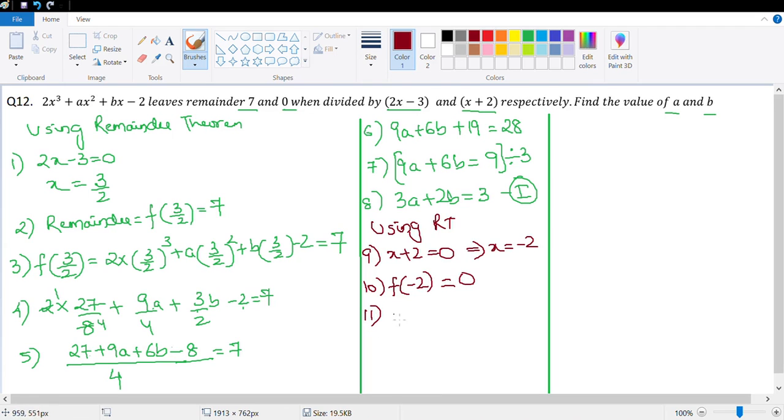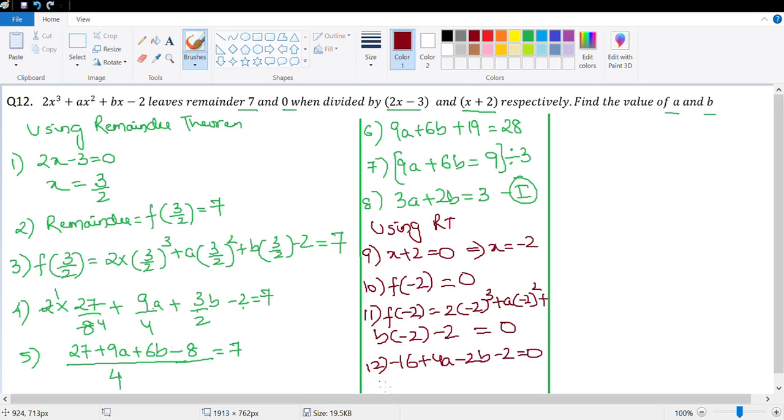Let's figure out the value of f of negative 2, and that would be 2 times negative 2 cube plus a times negative 2 square plus b times negative 2 minus 2, and that will be equal to 0. Let's open this bracket. So negative 2 cube, that's negative 8 into 2, negative 16 plus 4a, right, minus 2b minus 2 is equal to 0.